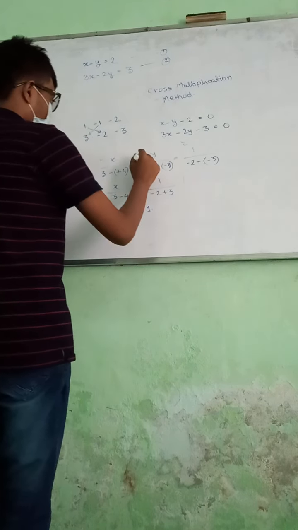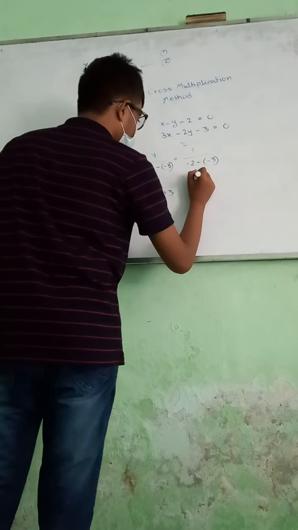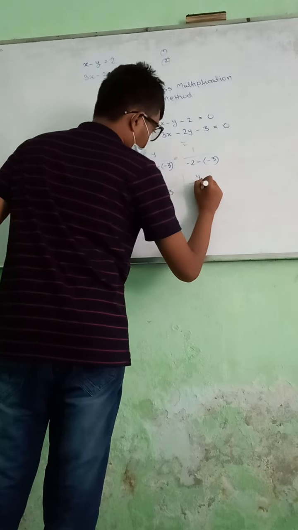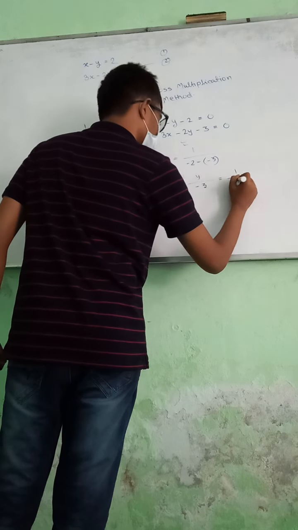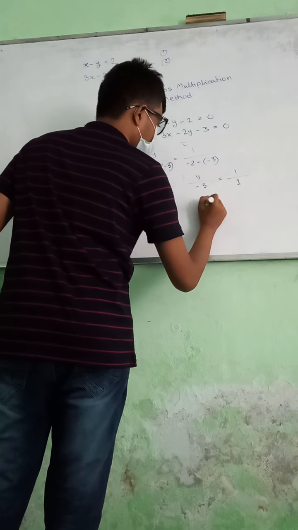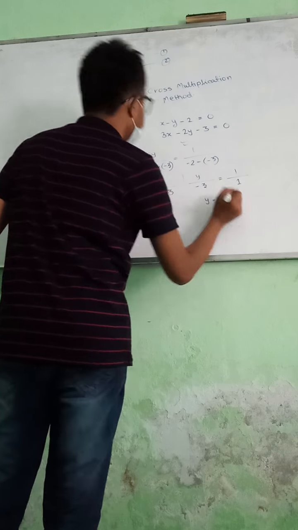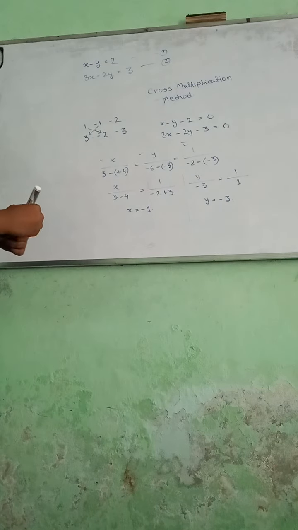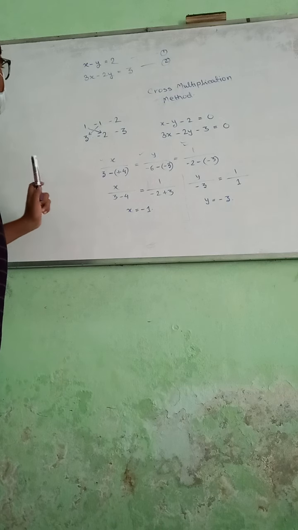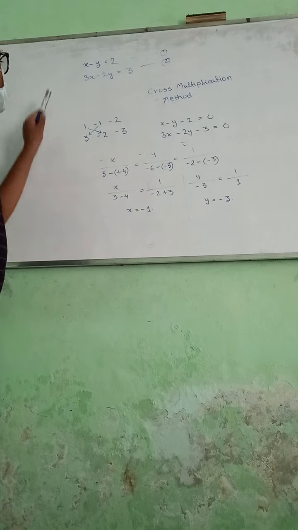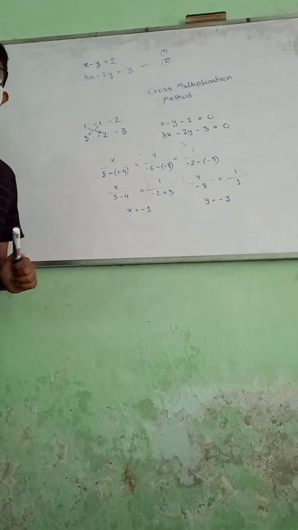And if we equate this term with this term we get minus 3, 1, y equals minus 3. And that's how, using the cross multiplication method, we can easily find out the values of x and y in a linear equation containing two variables.